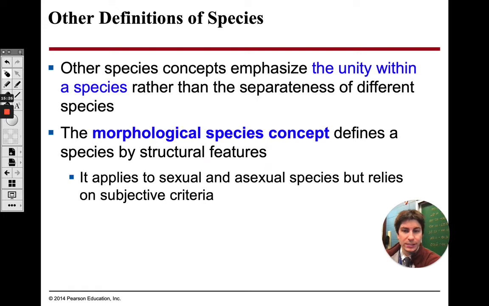The morphological species concept allows us to separate them into different species. Some might look really similar to others. We could test their DNA, but if we're going simply by morphology, looking at them, we can put them into different groups by, okay, this one looks just like this one, so we're going to put them together in a species. So that's pretty much it.